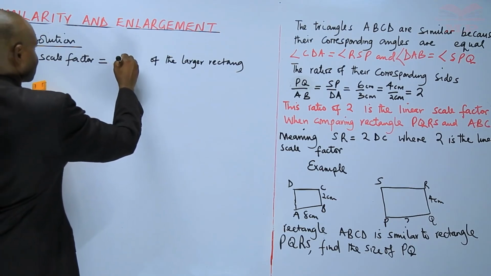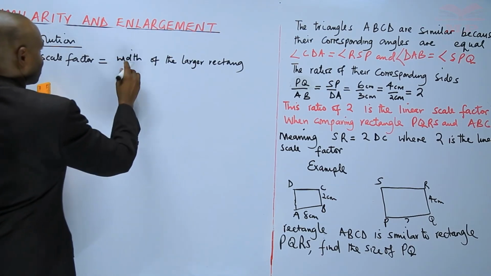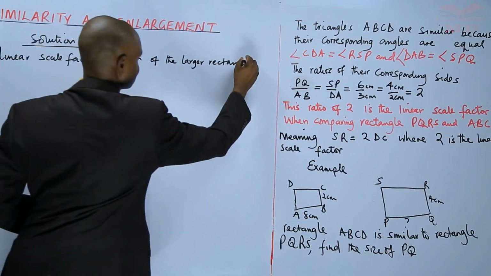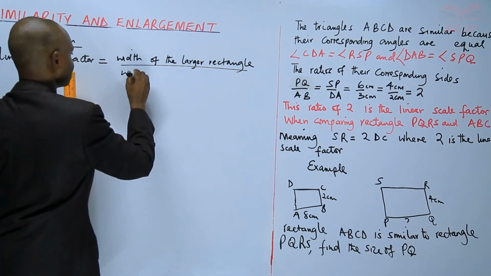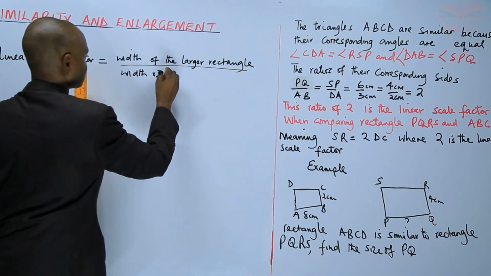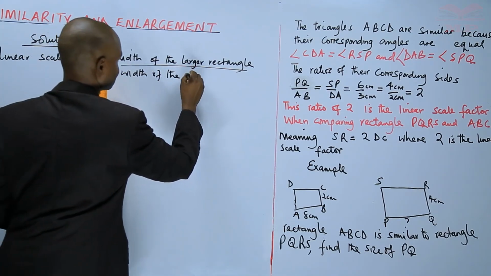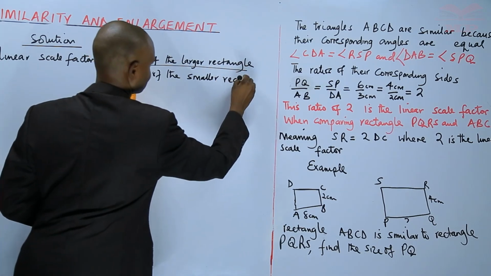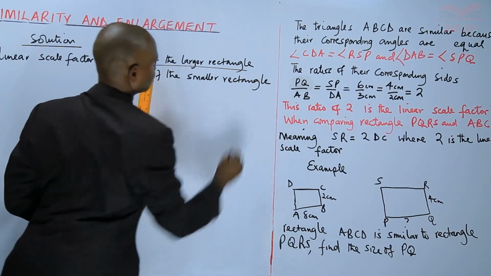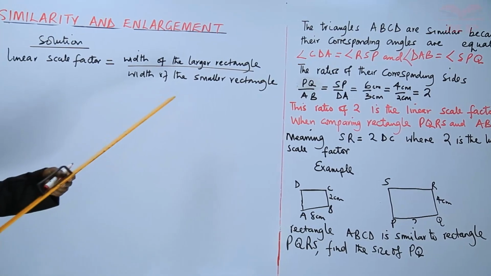In this case, the width of the larger rectangle divided by the width of the smaller rectangle. Sorry, I've been mentioning triangle, but it is a rectangle.